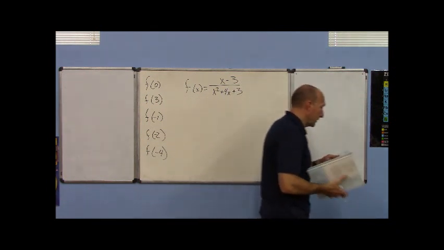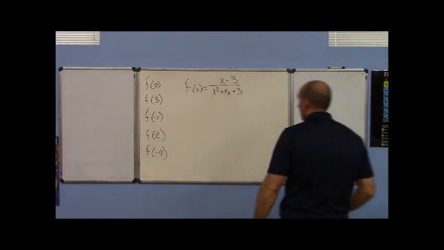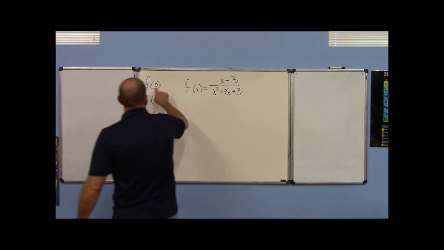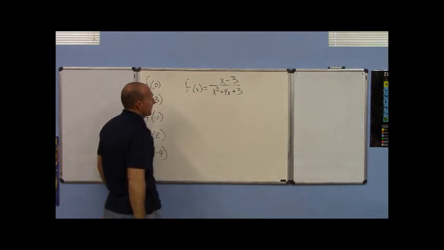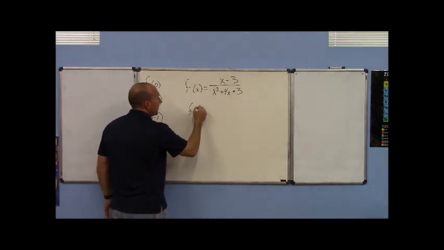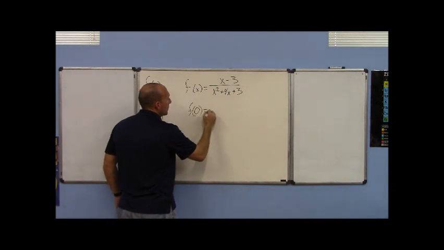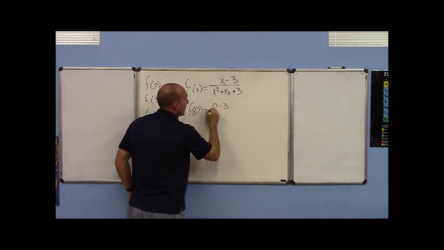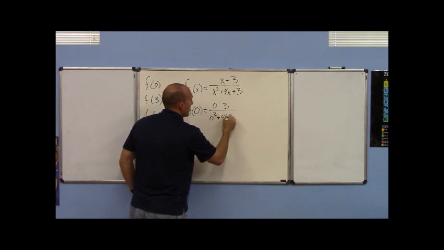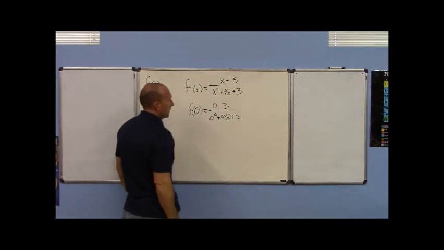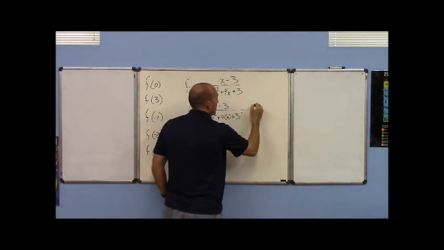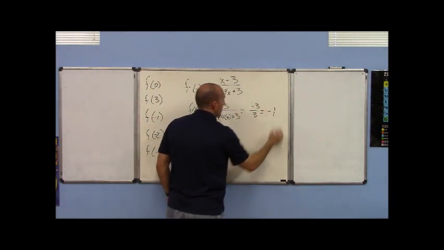Now, all we have to do is plug in 0 wherever we see an x. So the function of 0 equals 0 minus 3 over 0 squared plus 4 times 0 plus 3. So that equals minus 3 over positive 3, which equals minus 1.